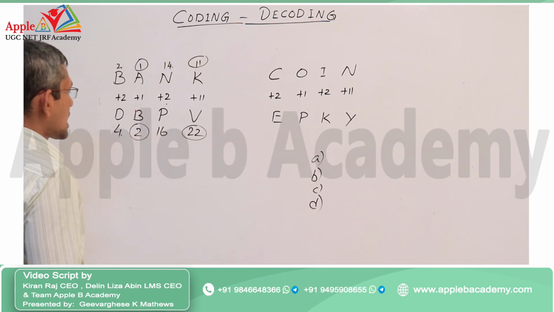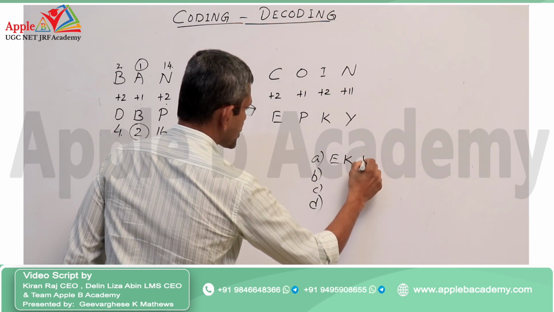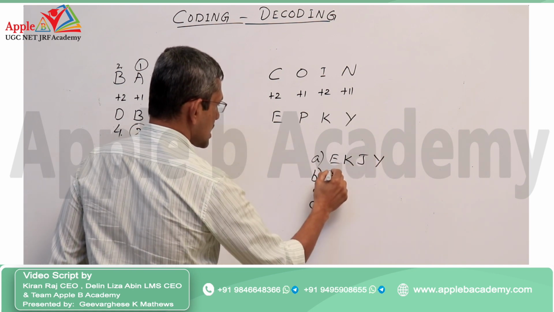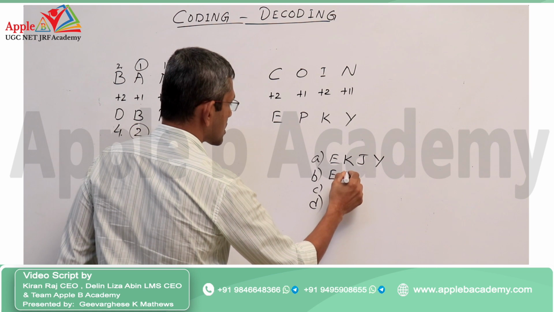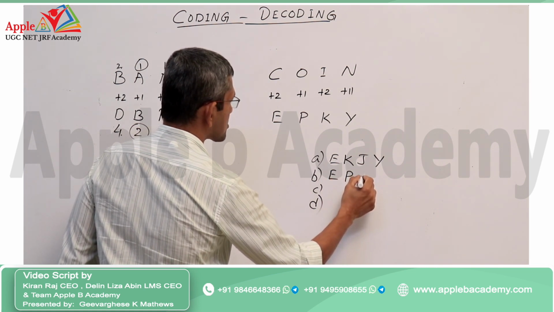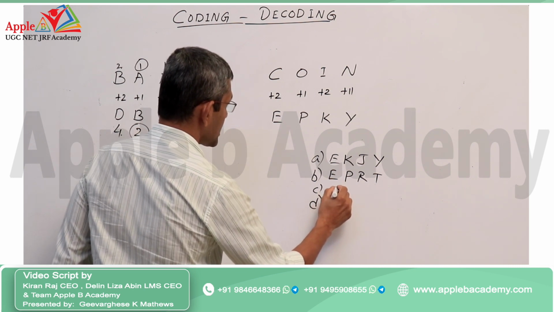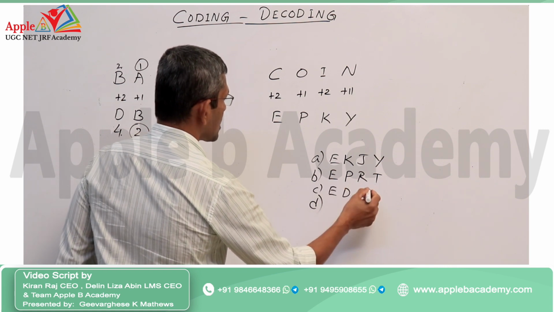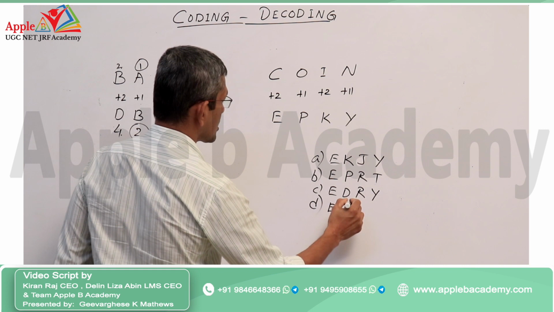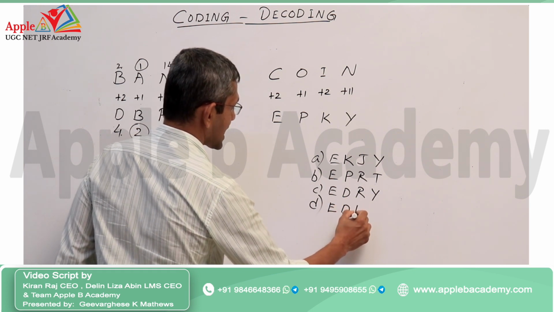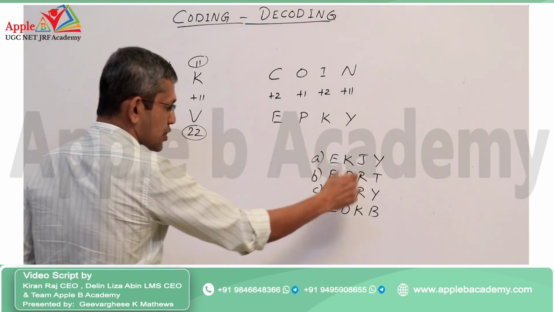A, B, C, D. The first answer choice is E, K, J, Y. Second answer choice is E, P, R, T. Third one, E, D, R, Y. And the fourth one, E, D, K, B. So these are the answer choices. That means EPKY is not among the answer choices.